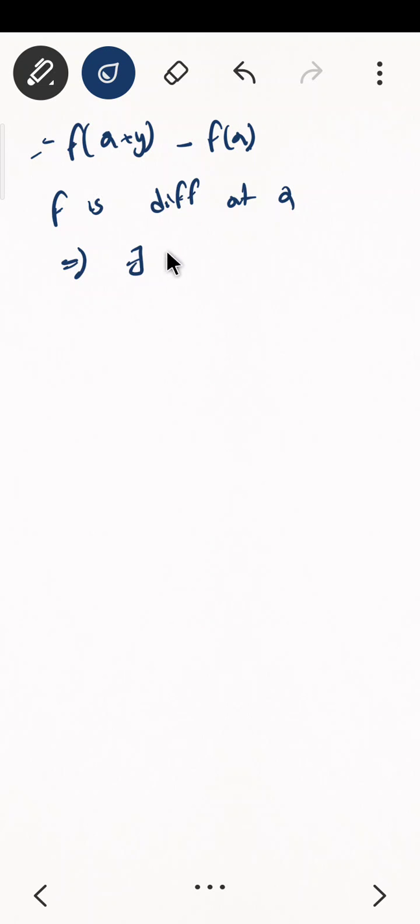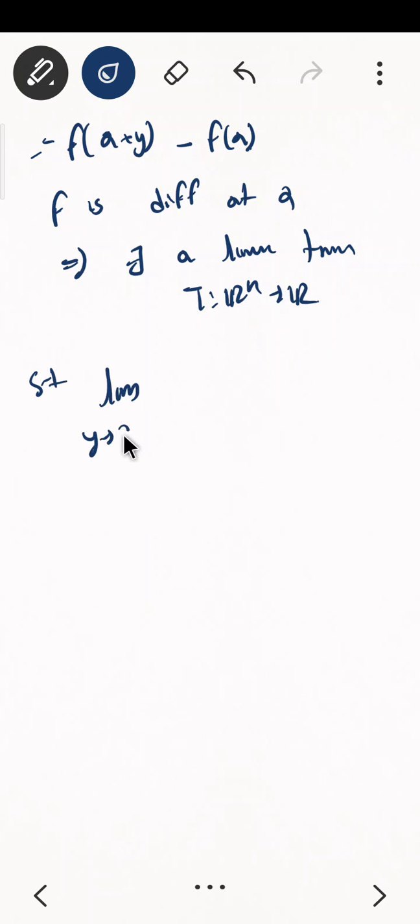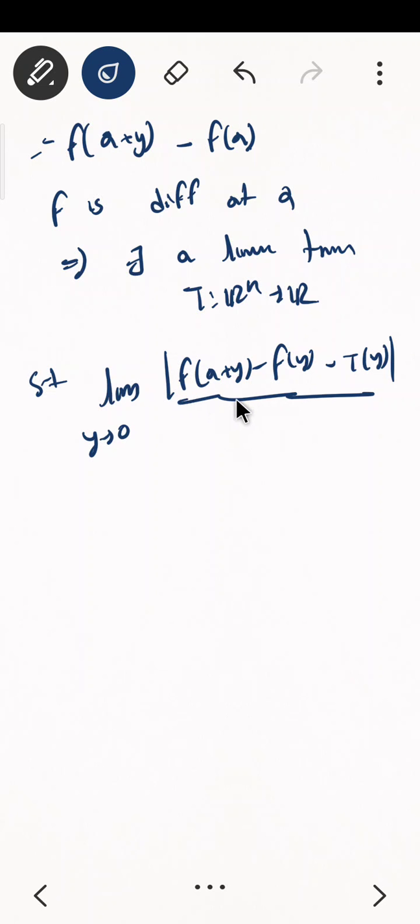There exists a linear transformation T from Rn to R such that the limit as y tends to 0 of the mod of f of e plus y minus f of e minus T of y upon norm y is equal to 0. This limit is 0, correct.